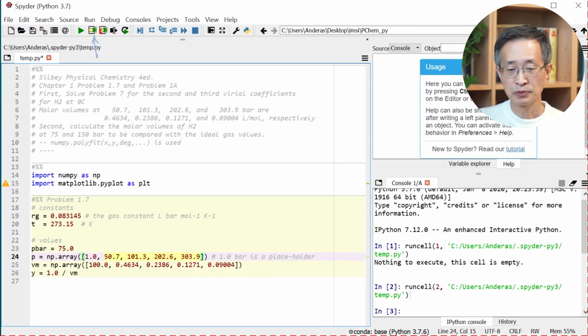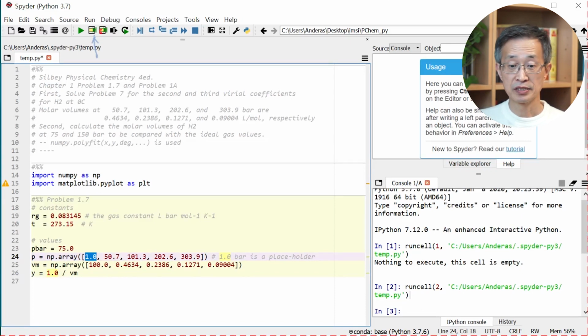And then I put a 1.0 here as a placeholder, because of the compressibility factor for the ideal gas, which is 1 for any temperature, so I'm going to give zero pressure a compressibility factor. Zero pressure means that V is infinity, then 1 over V bar equals 0, which gives compressibility 1.